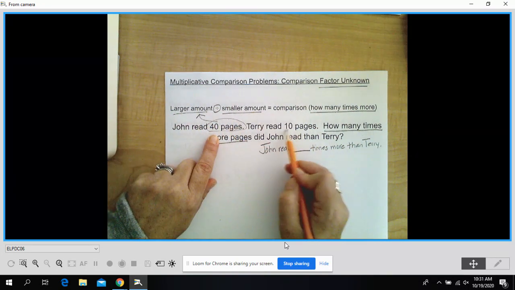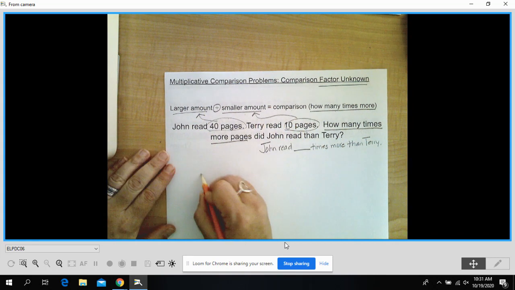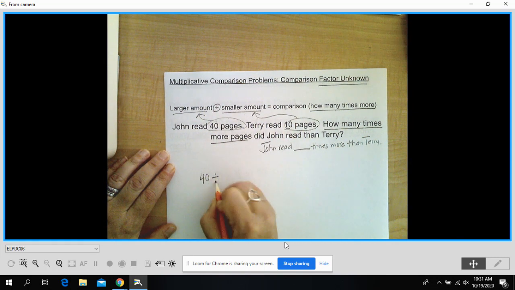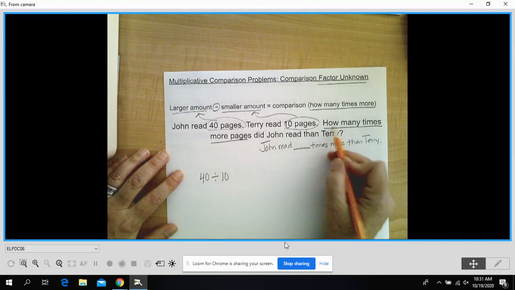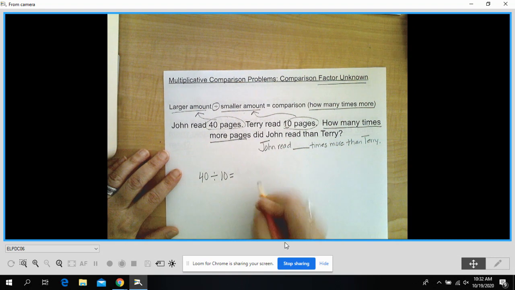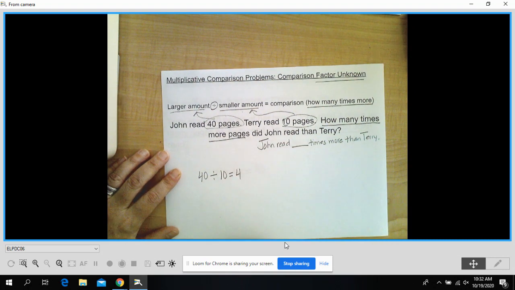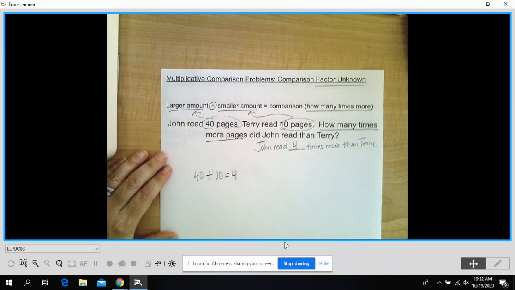We're going to divide it by what Terry read, which is the smaller amount. So 40 pages divided by 10, the smaller amount that Terry read. How many times more pages did John read? Well, 40 divided by 10 is 4. John read 4 times more than Terry.